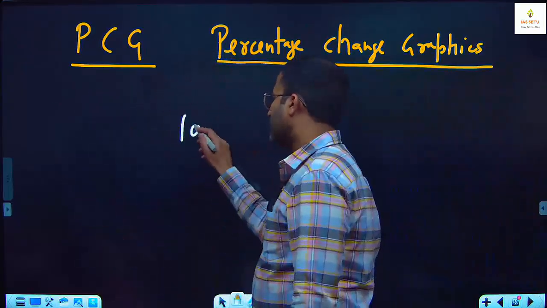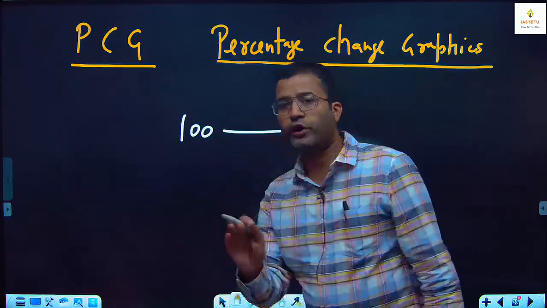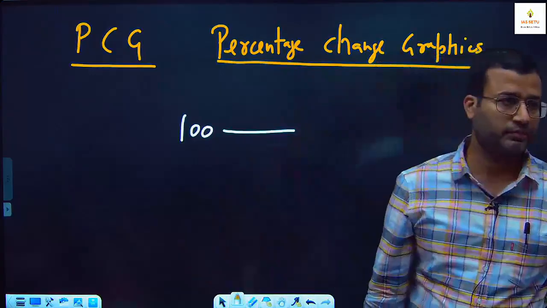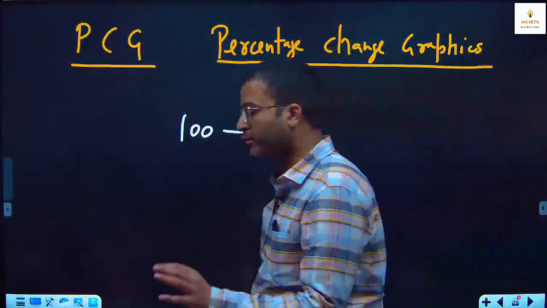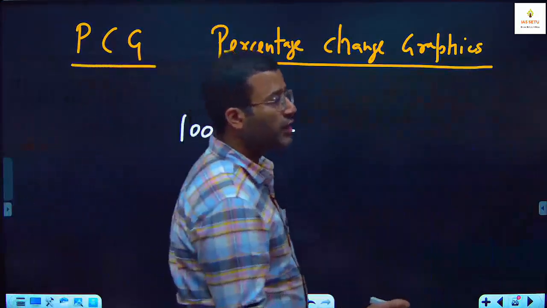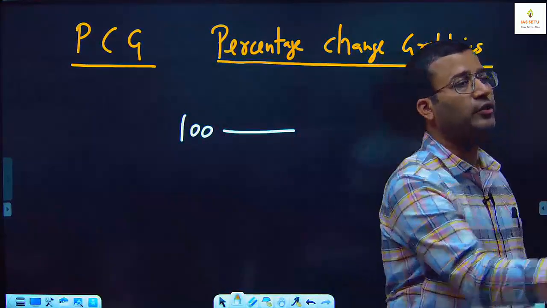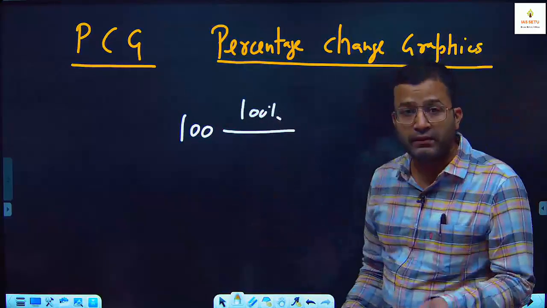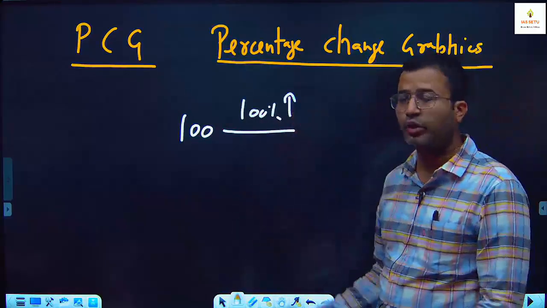Now here, for example, first example, you have 100 rupees with you. One day you met your best friend. He or she wants a 100% increment in your value. Okay? Before that, I just tell you one thing.